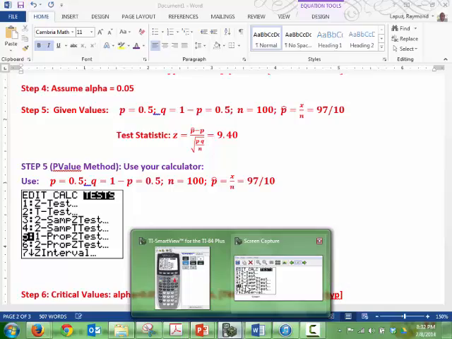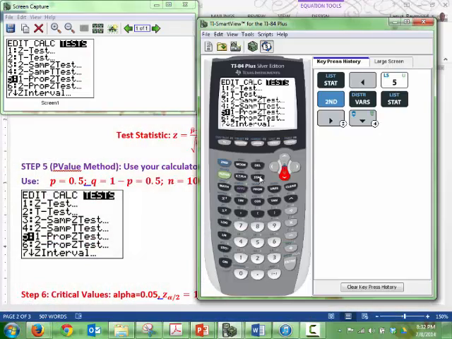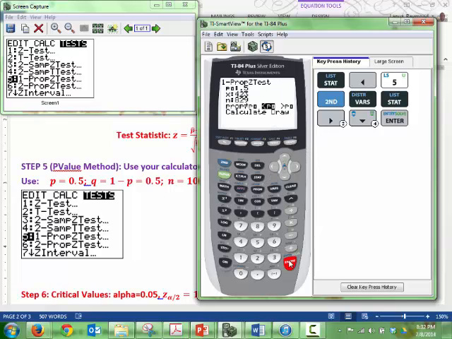All right. So we're going to pick the one prop z test. And then the p sub 0 is defined to be the p that they have. So in our case, it's going to be 0.5. And then the x and the n are the x and the n from the problem, which was what? 97 for the x and then 100 for the n.